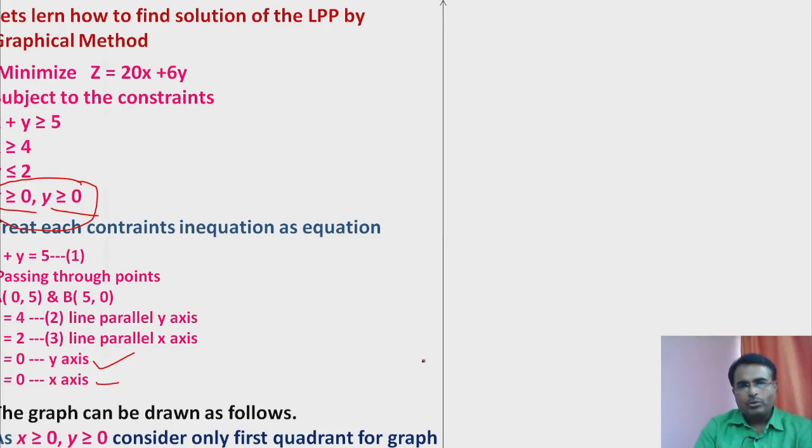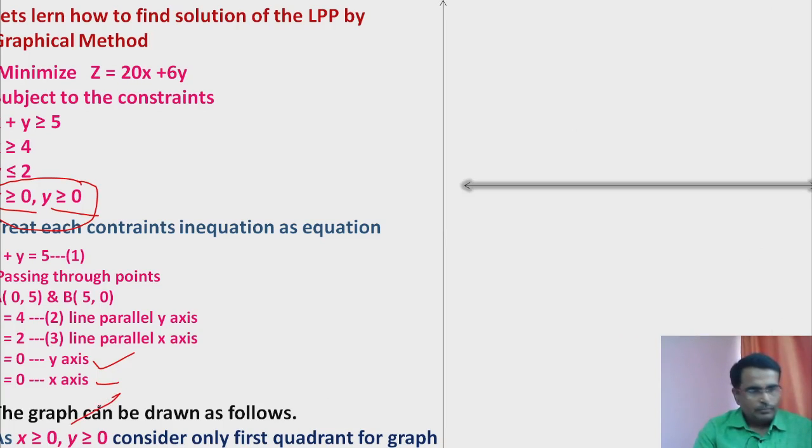Now see how to draw the graph. This is your x axis, so the line y = 0 is drawn. Next, we have to consider a scale on this. As we are restricting ourselves to the first quadrant, we take only positive values.